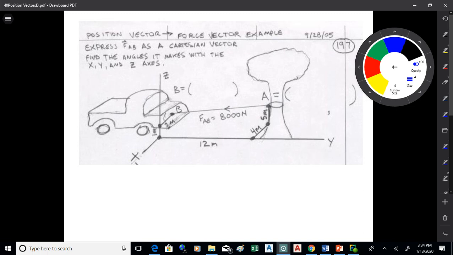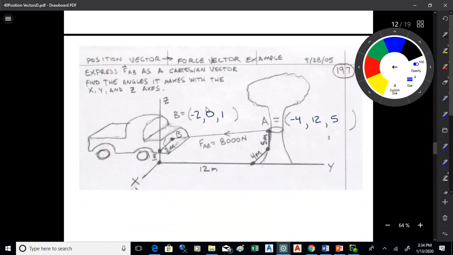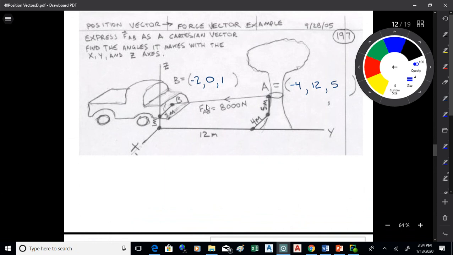And what you notice over there on the left is I have the steps. And that's how we like to think about this 3D stuff, as a series of steps. So the first step here is to find the coordinates of A and B. So -2, 0, 1 for B, -4, 12, 5 for A. Is that good on the coordinates? Okay.